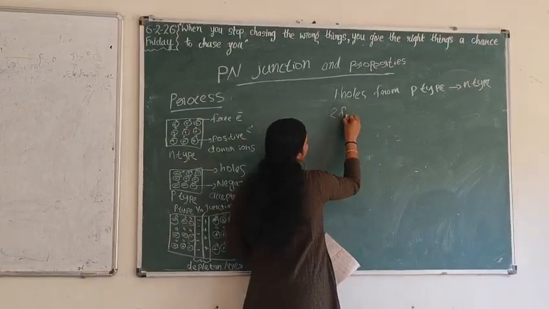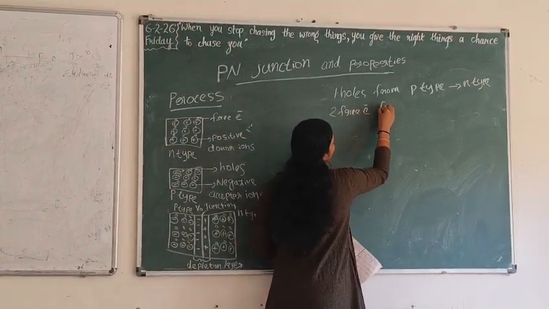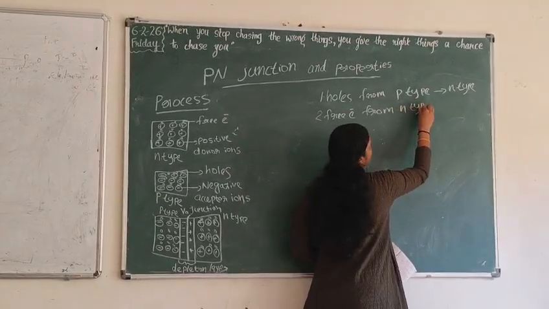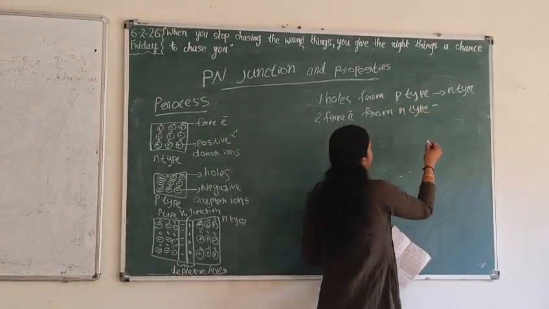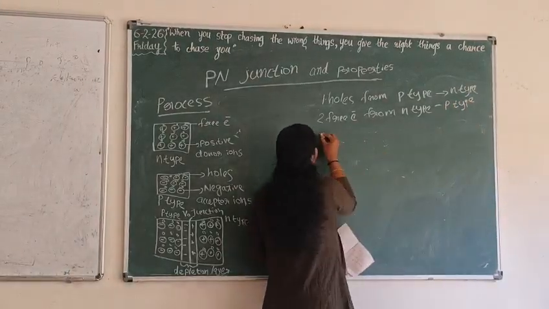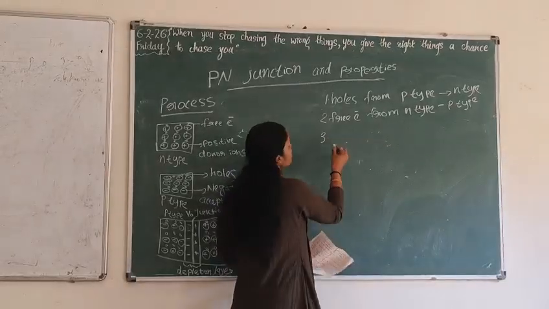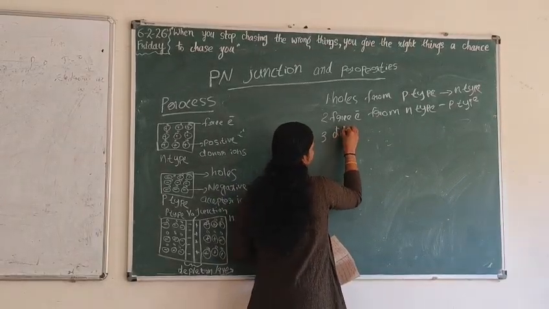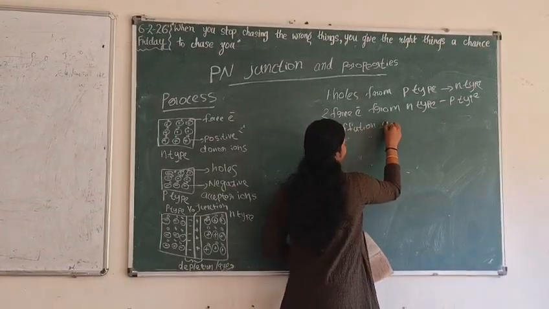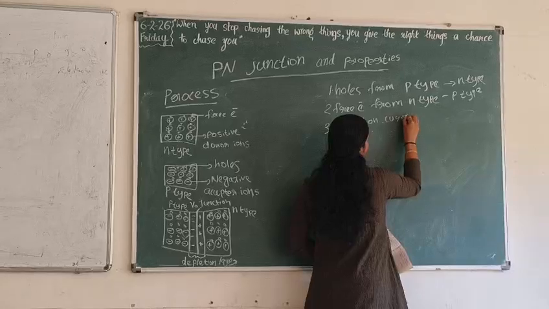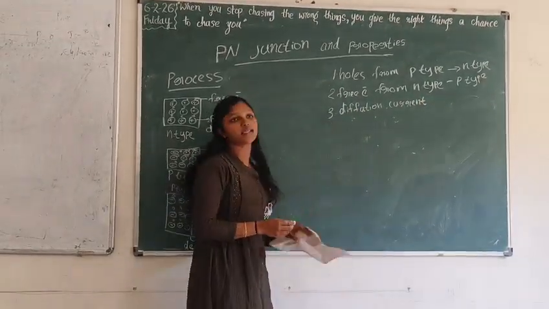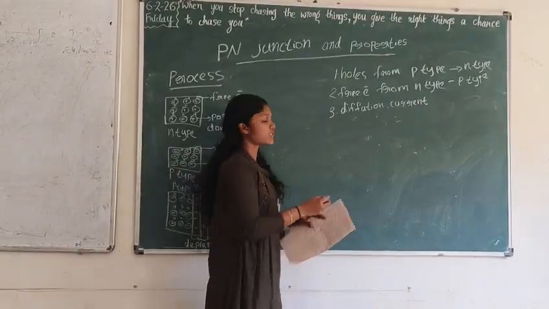And the free electrons from the N-type diffuse into the P-type, and they combine with the holes. There is also a diffusion current. The diffusion current decays exponentially with time and distance from the junction.